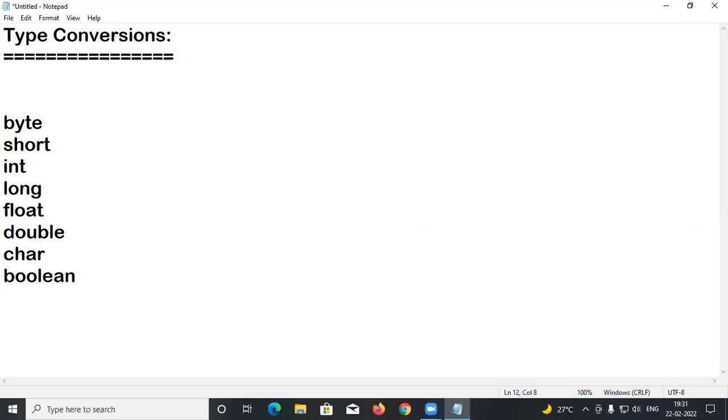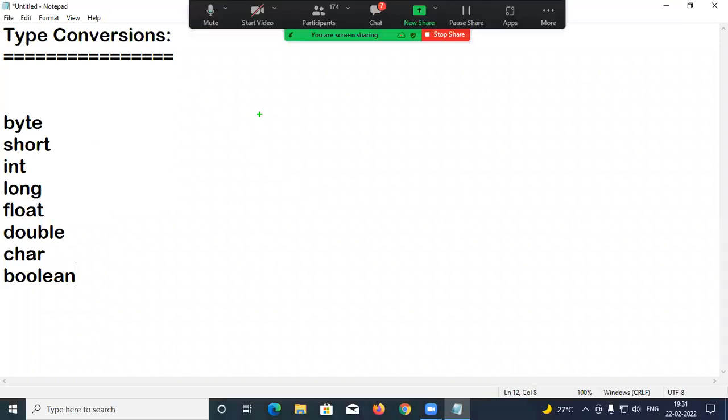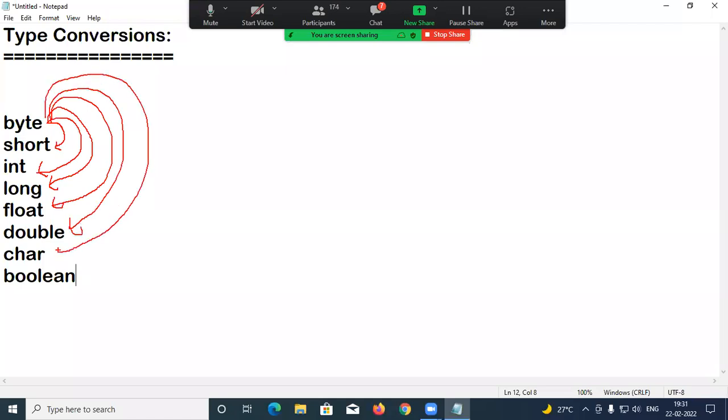Okay, 8. Here you observe, conversion from one type to another type. Okay, byte to short, like this only. Byte to int, byte to long, byte to float, byte to double, byte to char, byte to Boolean.